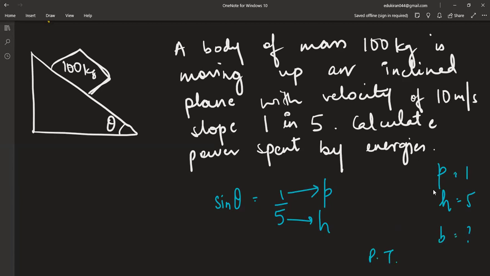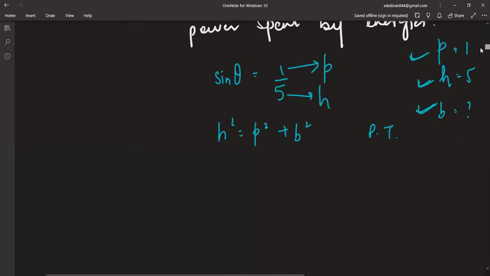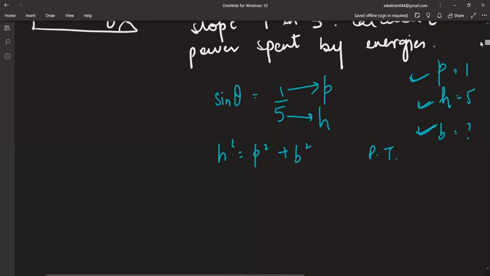First apply Pythagoras theorem, see, h square is equal to p square plus b square. So from here you can get the value of b square. Once you have all the variables with you, p, h and b, then you can calculate cos theta, tan theta, whatever is required.